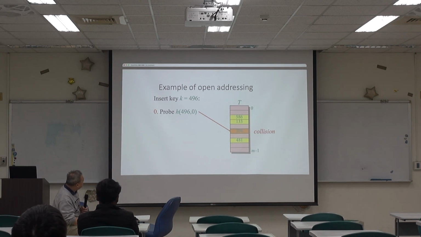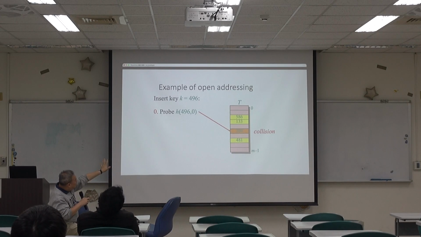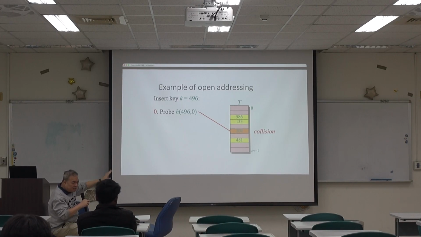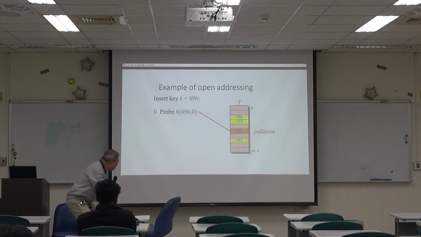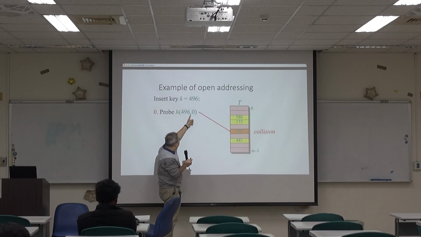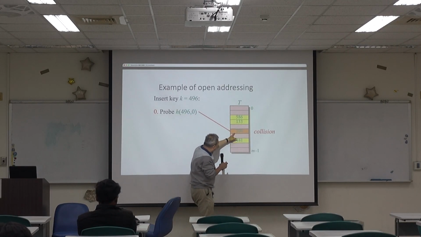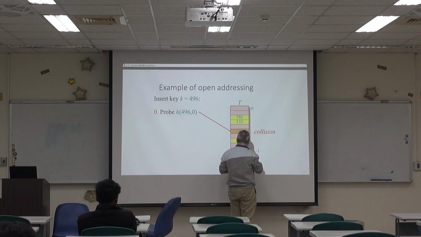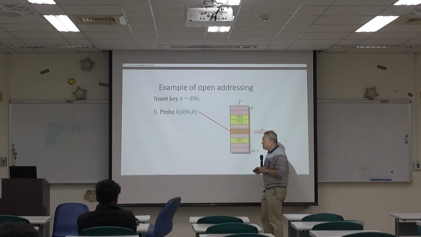At the beginning we probe this location. Here, we haven't discussed what the hash function looks like, not yet. So assuming at the beginning h(496, 0) is mapped to here, this space has been occupied by another record.